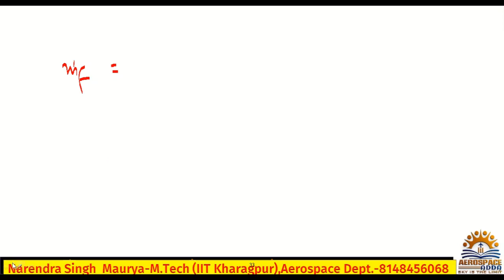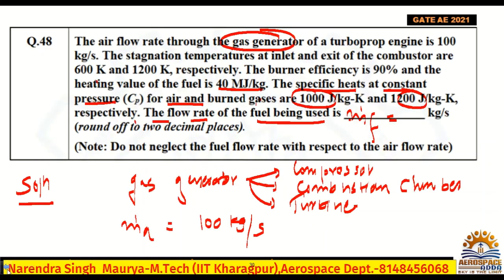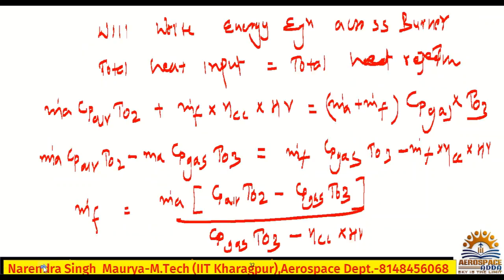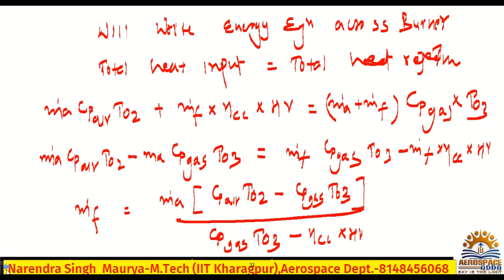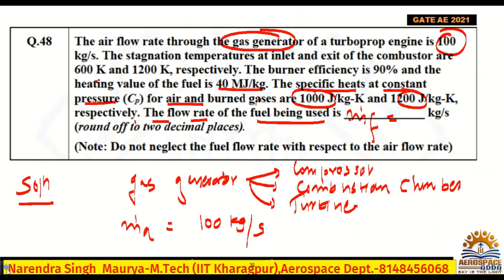What is m dot a? We know m dot a they have given for this problem. m dot a is 100 kg per second. So we'll write this value, 100 in bracket. Cp of air is 1000 and Cp of gas 1200.